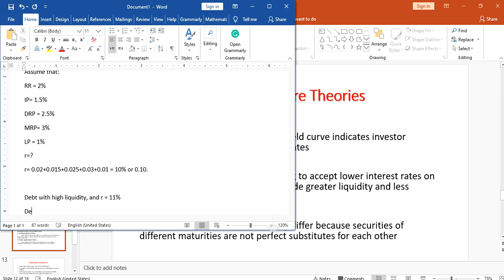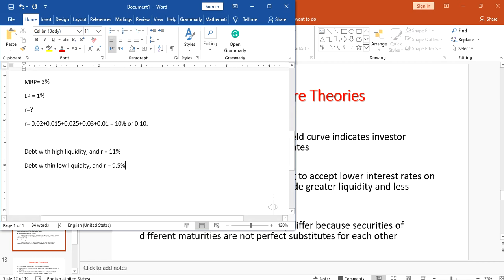And we have a debt with low liquidity and R is 9.5%. So whenever you want to borrow some money, you have these prices in the market.